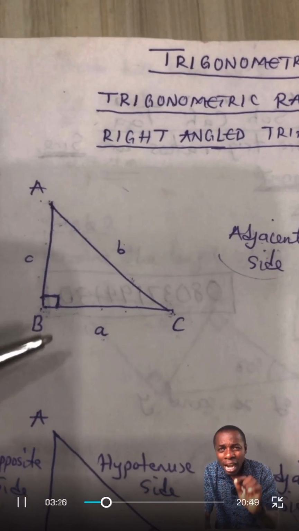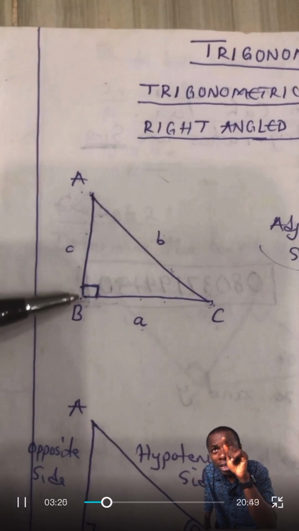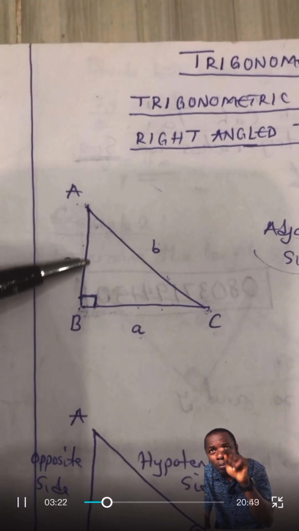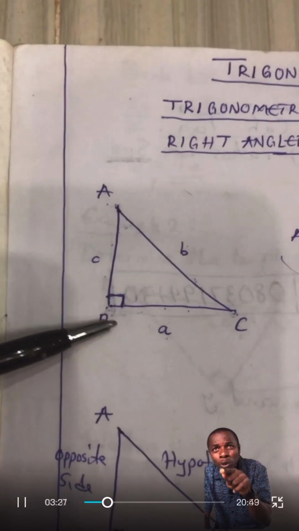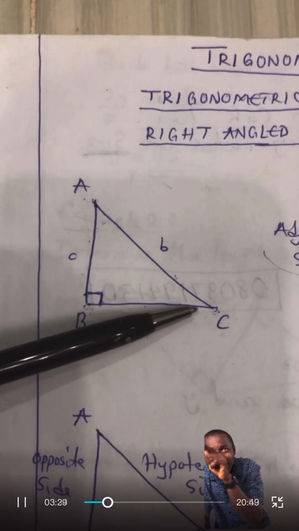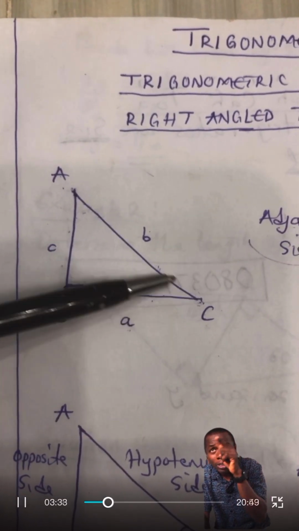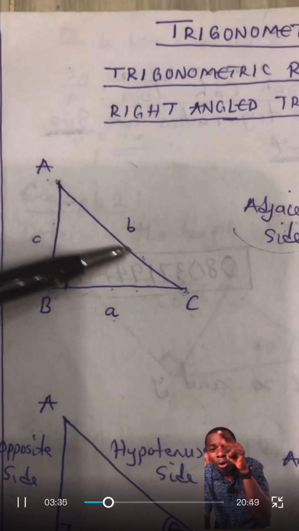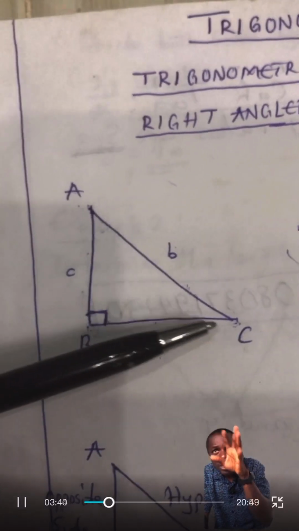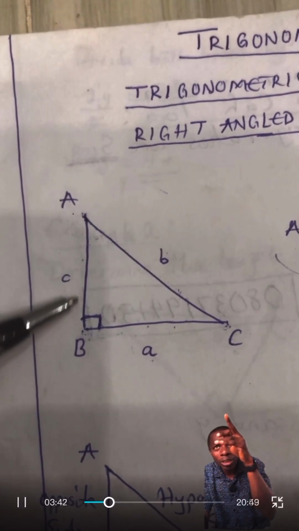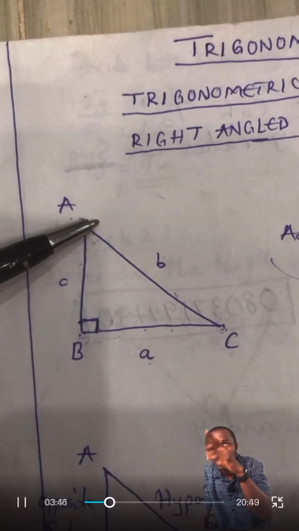A side is the gap between 2 points, that is between point A and point B. The gap between point A and point B is called a side, and the gap between point B and C is also called a side, and the gap between point C and point A is called a side. So we have 3 sides: a side between A and B, a side between B and C, a side between C and A.